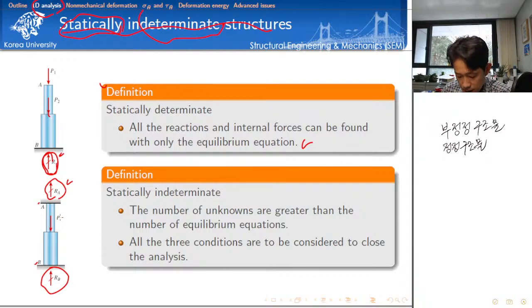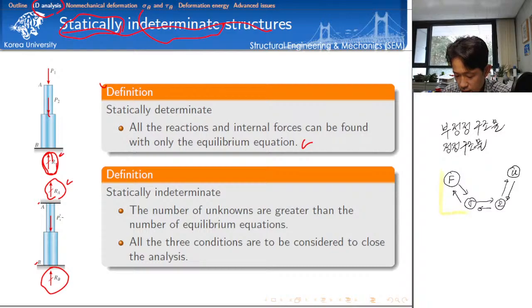Okay. So let's try to understand this problem differently using this diagram. Force and stress and the strain, and then the displacement. This is the flow of analysis, right? So in the case of statically determinate structures, you don't have to worry about the use of the displacement compatibility.